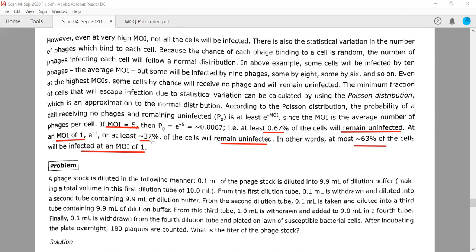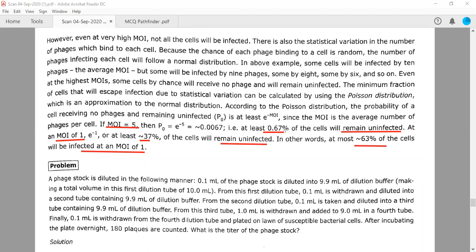So from the discussion, you got two things. One is, if you have a high multiplicity of infection, the chances of uninfected cells are low, or in other words, the number of cells which will be infected is high, right? If you take a multiplicity of infection of 6 or 7 or 10, you will see that this percentage will further decrease.